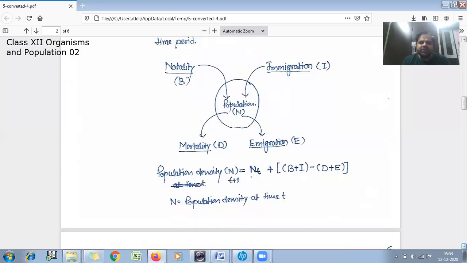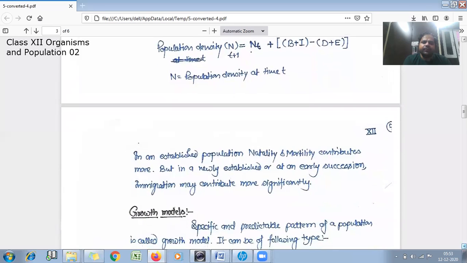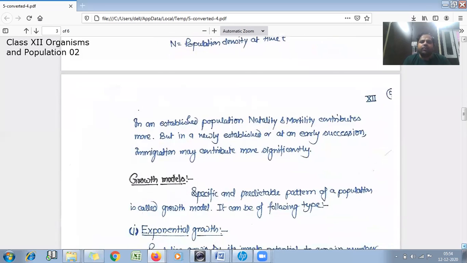Population density N t plus 1 is equal to N t plus B plus I minus D plus E. So we can see here that we have taken the additive and we have subtracted the decrease in population, so we can get the population density at a particular time. And here N is the population density at a time t. It is an estimated population.